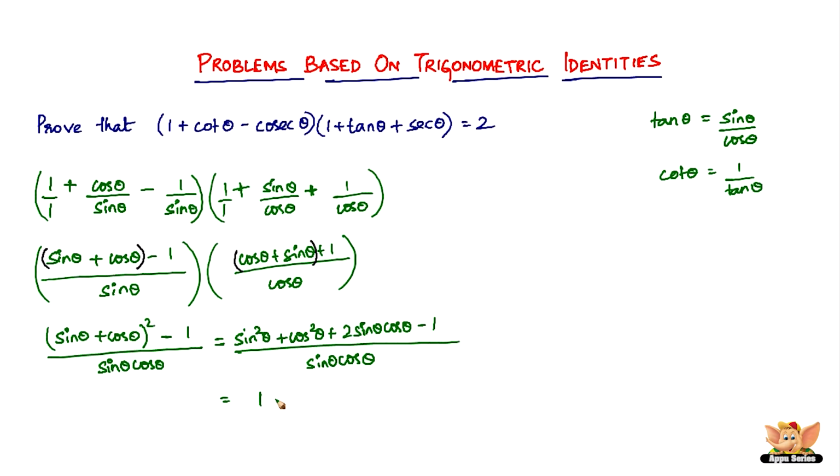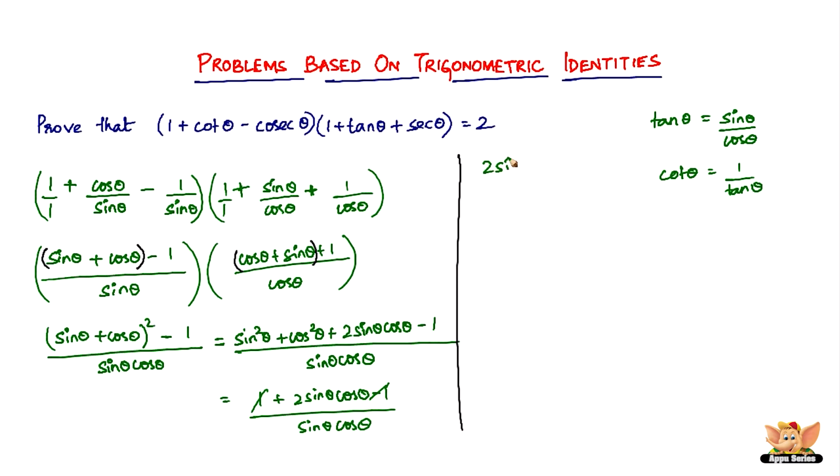So 1 plus 2 sin θ cos θ minus 1 divided by sin θ cos θ. The 1 and the negative 1 get cancelled, and you're left with 2 sin θ cos θ divided by sin θ cos θ, and then you just cancel sin θ cos θ, and you're left with just 2.